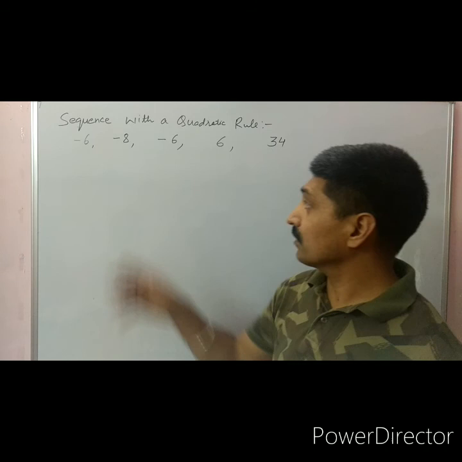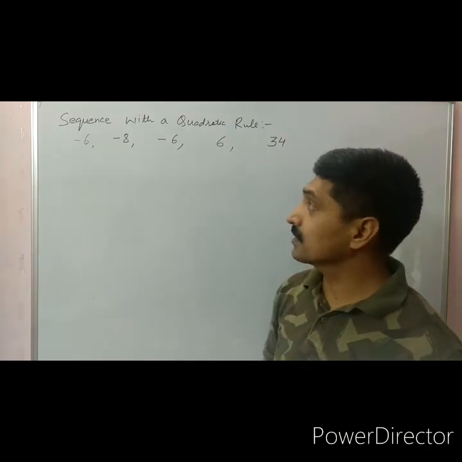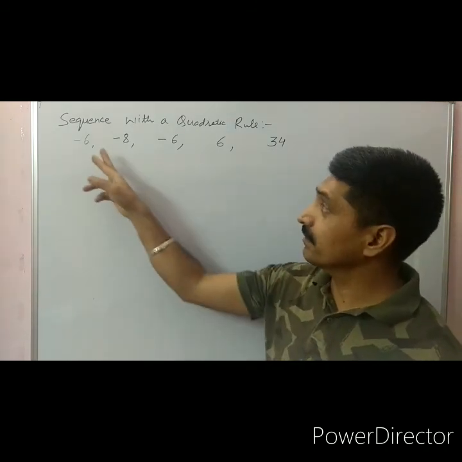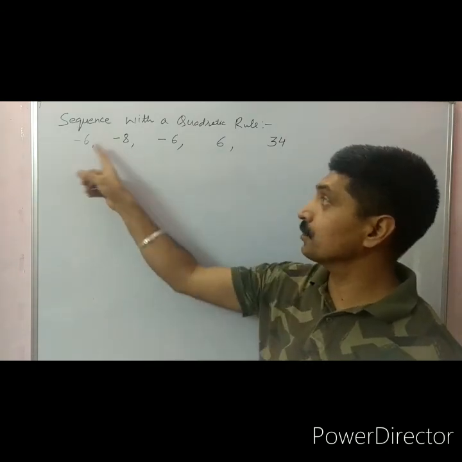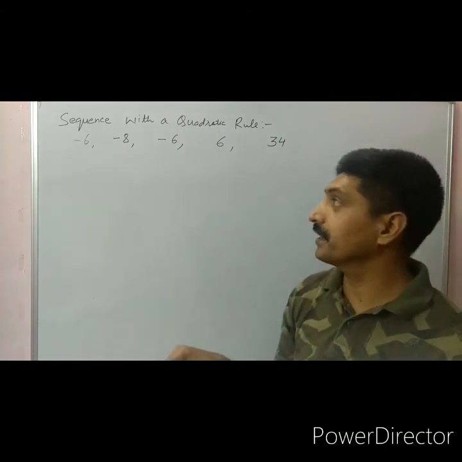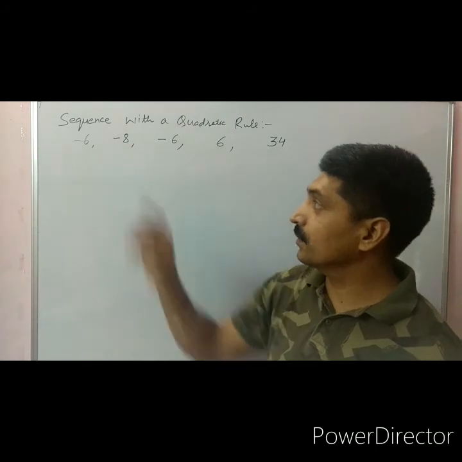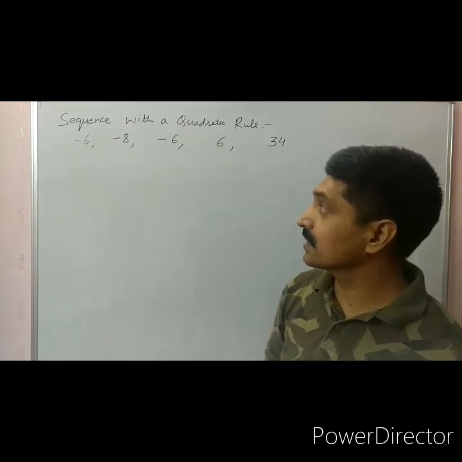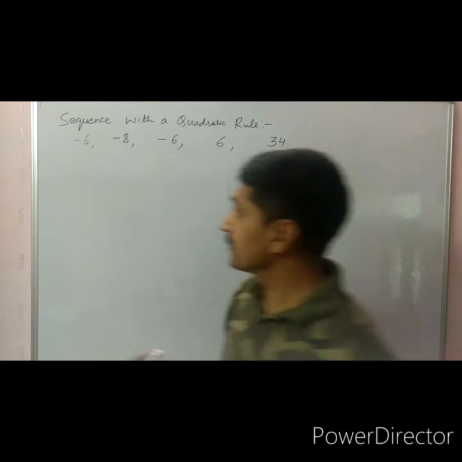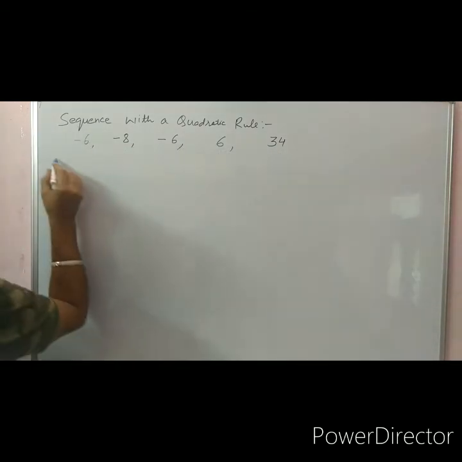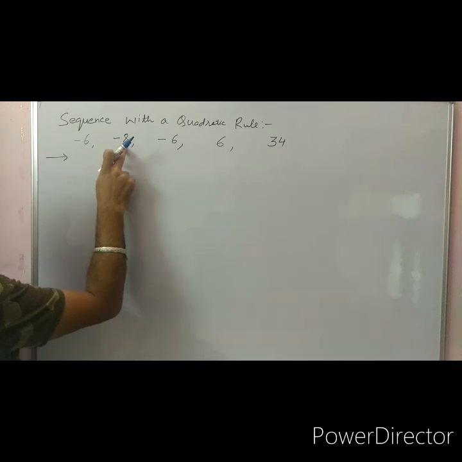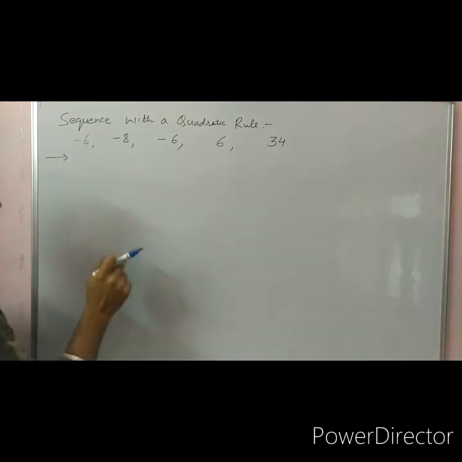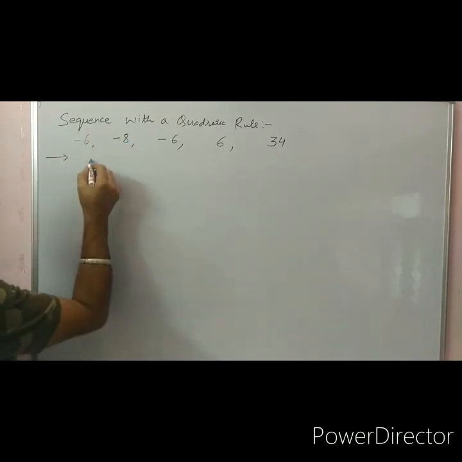This sequence is not an arithmetic sequence, because the difference varies. The difference of two successive terms is different. If we go for the successive differences, the first difference, second term minus first term, that is minus 8 minus of minus 6, is equal to minus 2.